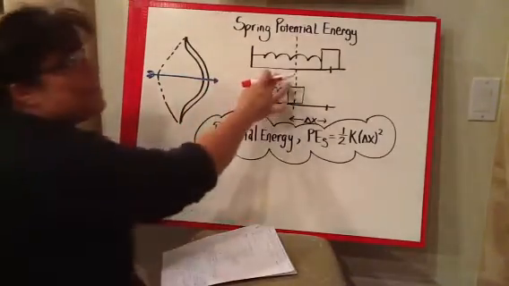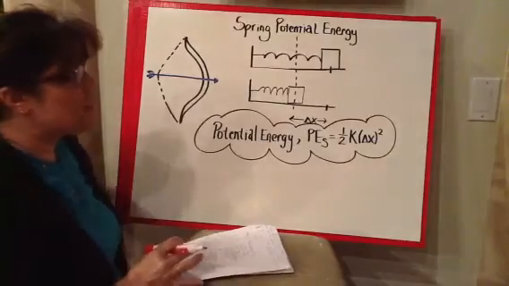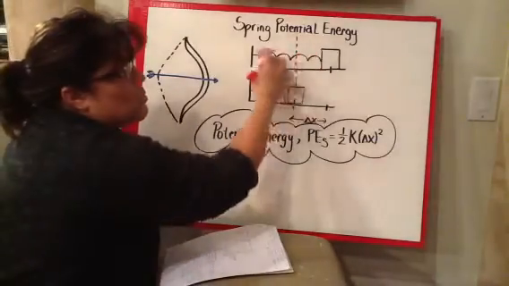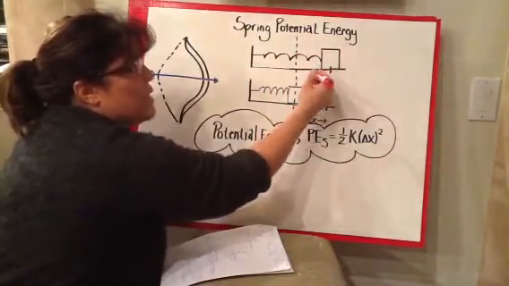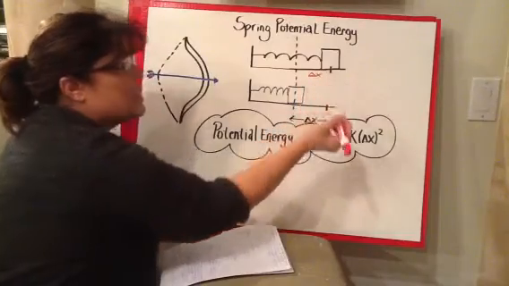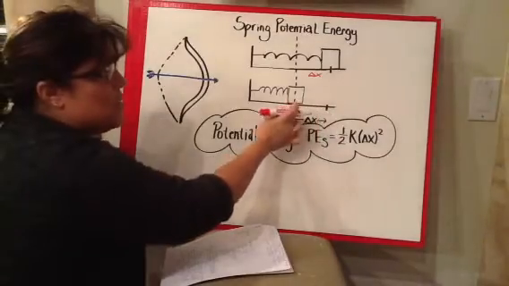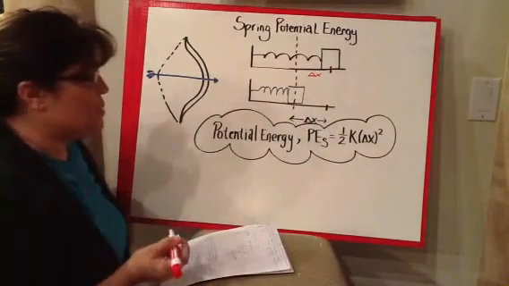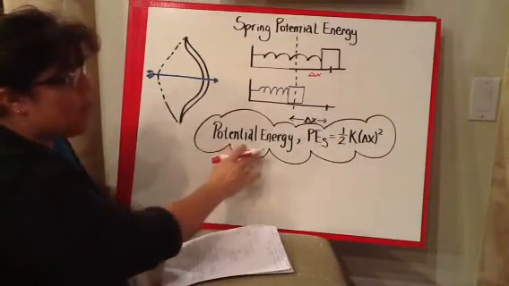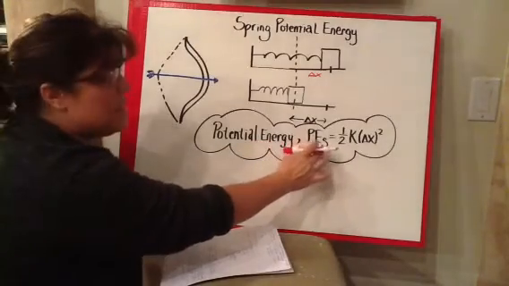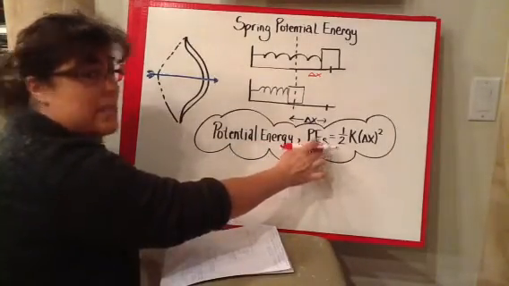Now let's bring it back into our spring mass system here. If this is our equilibrium and I pull the block away from the equilibrium position by delta X, it's going to have potential energy. And then over here, it's back in its equilibrium position. Here, the potential energy, which we say PE, but it's PE sub S, is no longer gravitational.